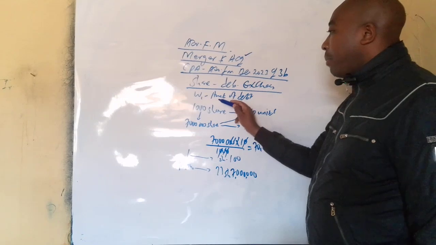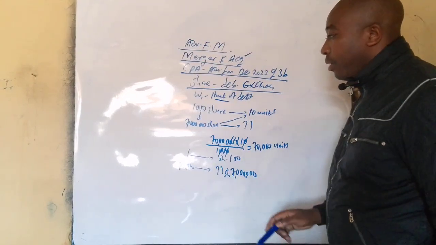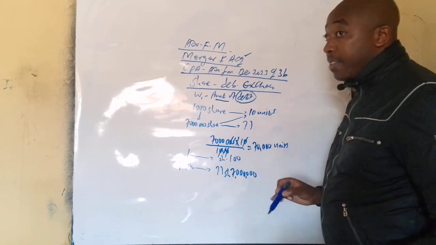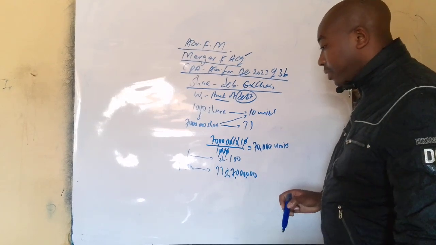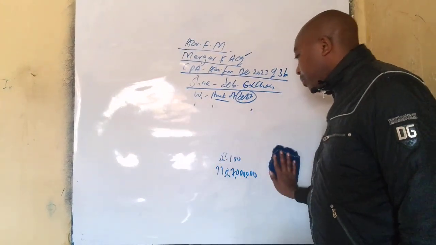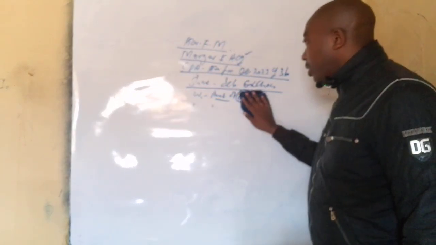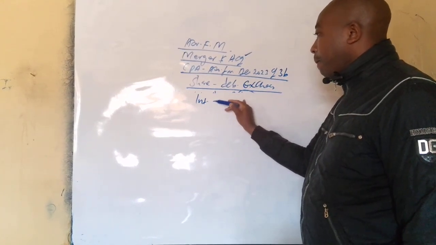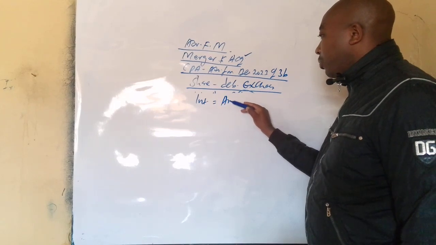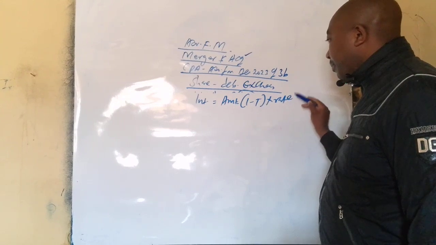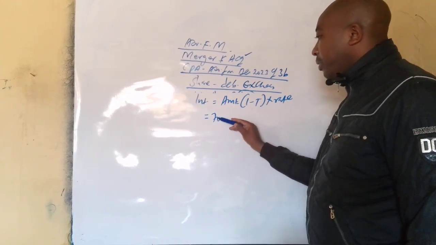Once you have the amount of debenture, remember debenture and interest. So we compute the interest charged, so that we can complete our calculation. Our working tool is interest on debenture. At interest, we take the amount, 1 minus tax, then times the rate. My amount is 7 million.